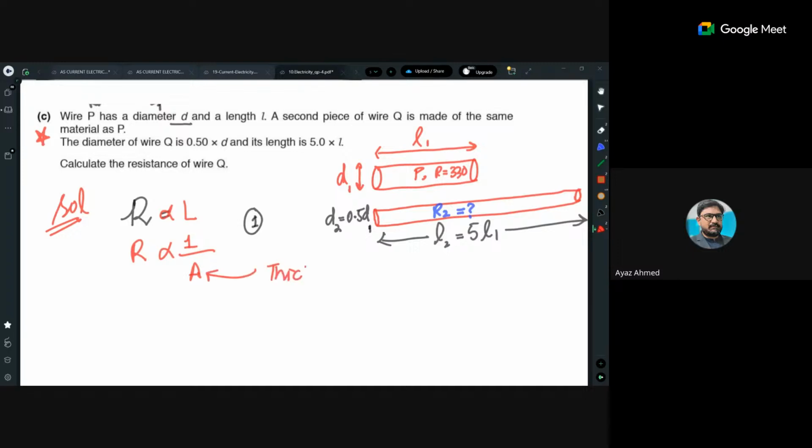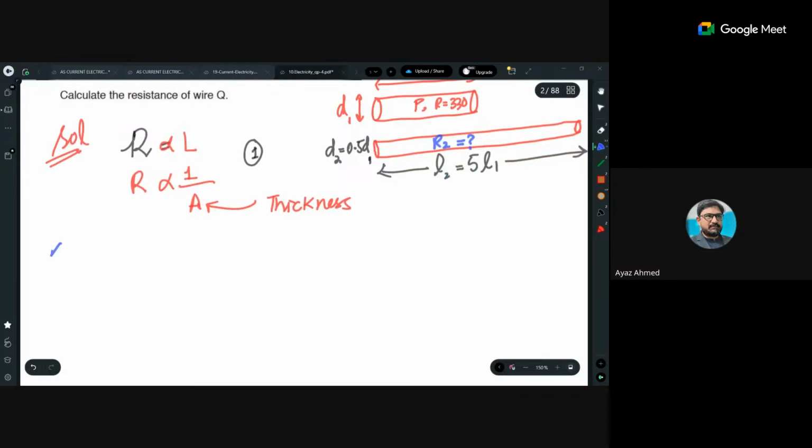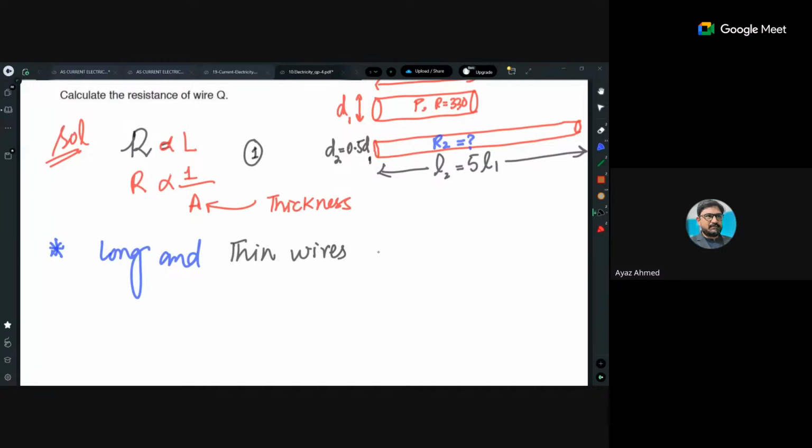So we just read one point about that: long and thin wires have more resistance, isn't it? Just keep this point in your mind.